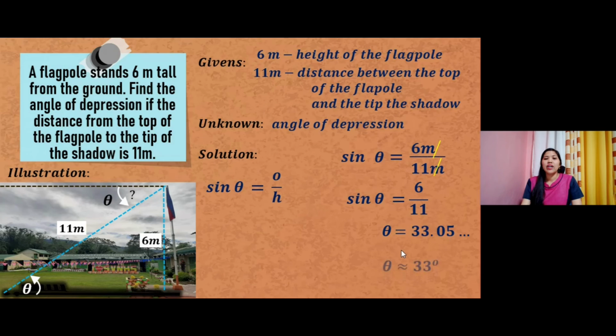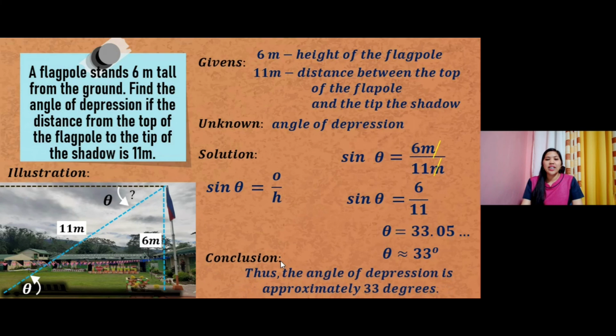So that would be 33 degrees. Since this is 33 degrees, therefore this is also 33 degrees because we know that they are congruent. So you have your conclusion. Thus, the angle of depression is approximately 33 degrees.